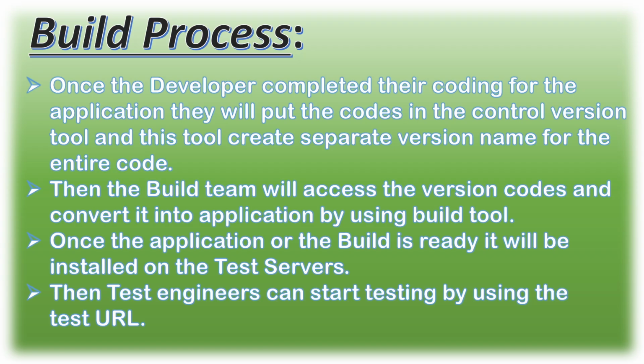So they will be giving that code to the build tool. Okay. So the build tool will be putting all those codes in the control version tool. So in the control version tool, it will be creating a separate version for that code, whatever code they have given.